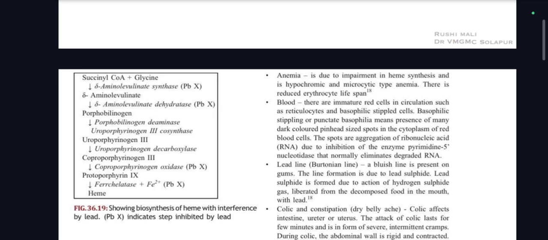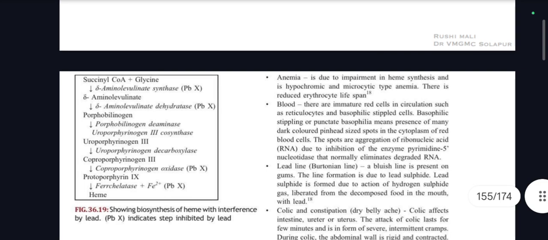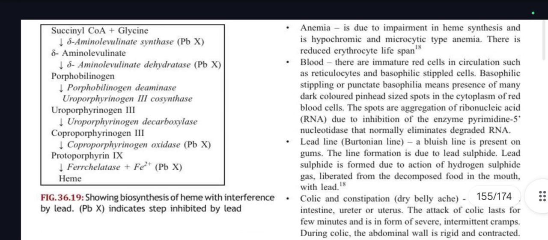This is the heme mechanism, how exactly hemoglobin is synthesized in the body. Later I'll tell you how lead acts on it. To form hemoglobin, we require heme, and this is the process of formation of heme. Succinyl CoA combines with glycine to form delta amino levulinate, formed due to the enzyme amino levulinate synthase.